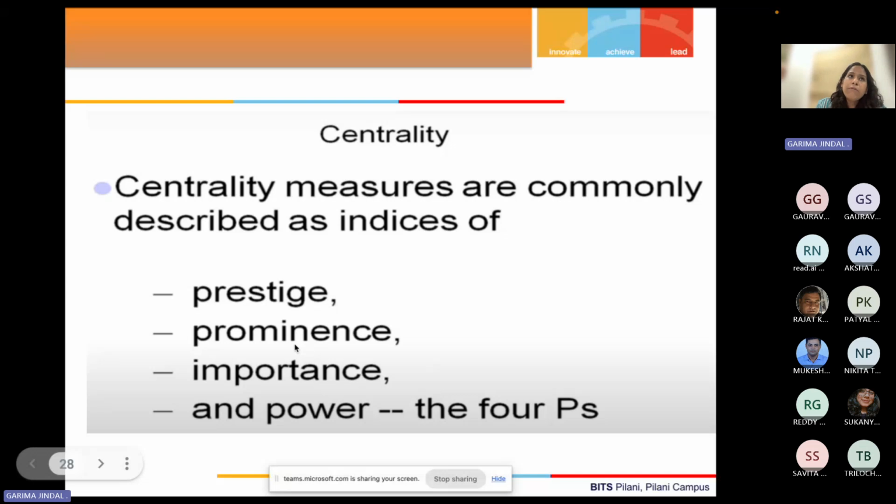Okay, so the clustering coefficient tells us about the structure around a particular node. Next we come to a very important node measure, that is centrality. Centrality tells you how important a particular node is in the network: how important, how prestigious, how prominent it is. So how do we quantify centrality in the network?